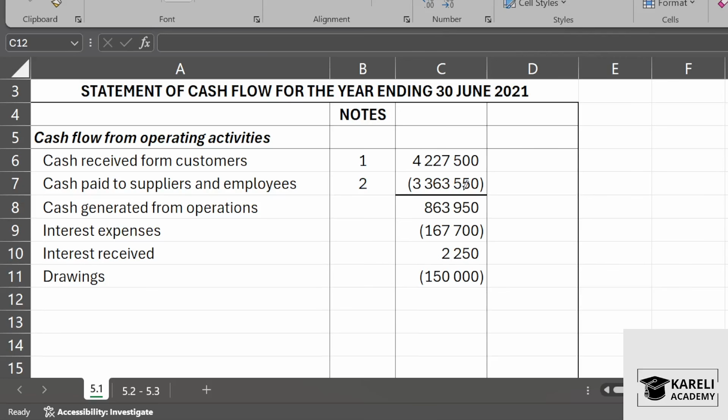And then once we have done that, we need to calculate cash flow from operating activities. So you will take cash generated from operations, minus interest paid, plus interest received, minus drawings, and it should give you 548,500.